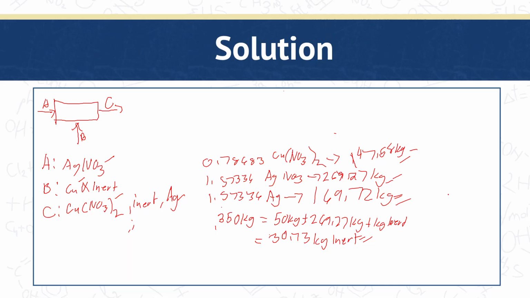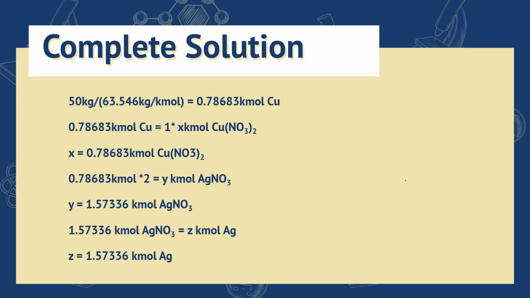Oops, I must have inputted something wrong, excuse me. That should be 350 minus 50 minus 267.27. Well, it's 267, I wrote it wrong, excuse me. This should be a 7. This is 32.73, which is why the answer was somewhat odd earlier.